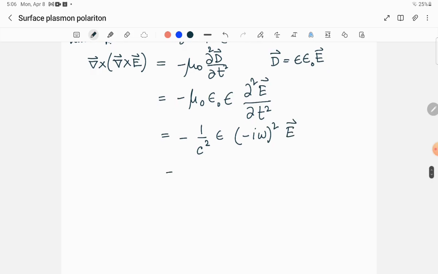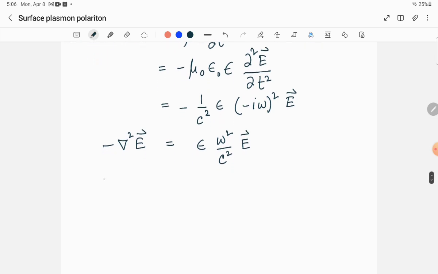And from here, the left hand side, however, this curl of curl E becomes minus del square E, and on the right, we will have epsilon omega square by c square E, which boils down to the wave equation. The way we will write it is this.